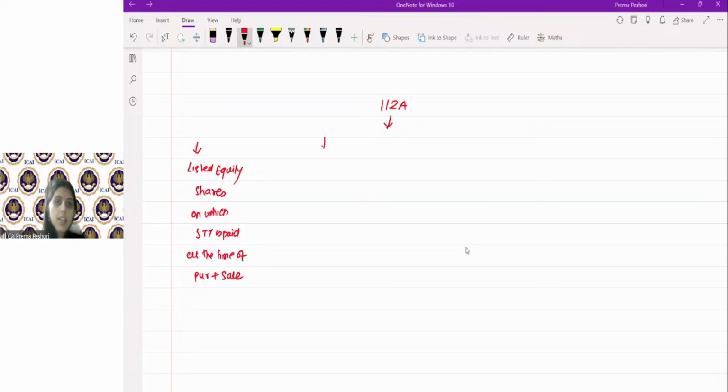Second is listed equity oriented fund, equity oriented mutual fund, where the STT is paid at the time of transfer.